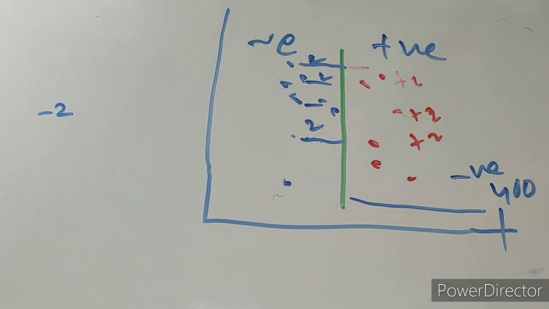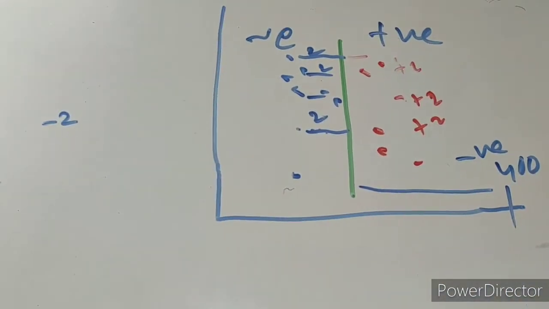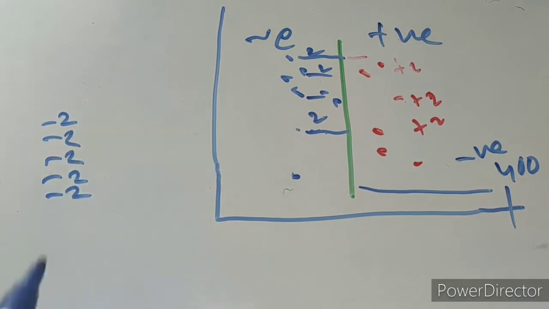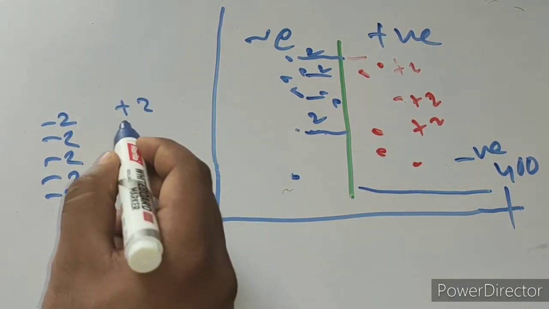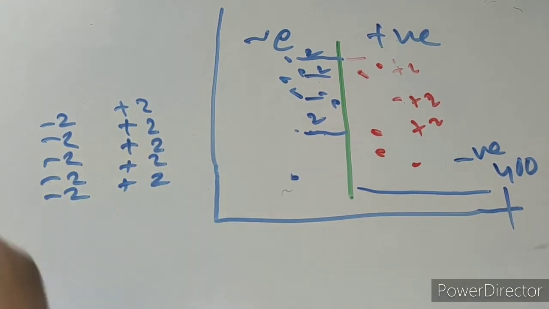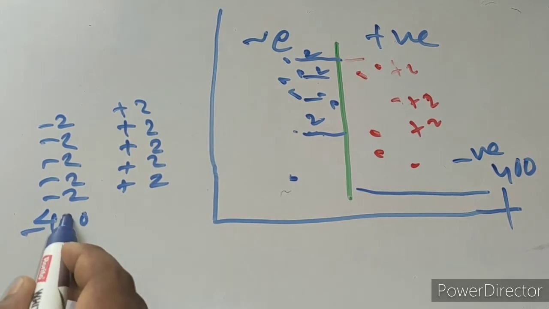So there are a total of 5 -2 and 5 +2. And if we check here, one -400 is there.